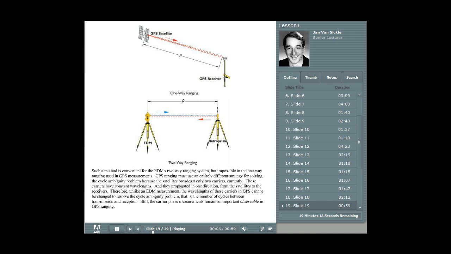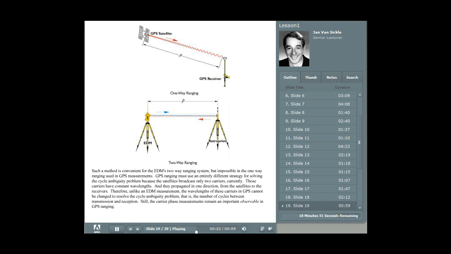As it says here, this phase comparison is convenient for the EDM two-way system, but impossible in the ranging of a GPS system. GPS ranging has to use a different strategy to solve this cycle ambiguity or integer ambiguity problem, because the satellite broadcasts on only 2 carriers, and they have constant wavelengths.